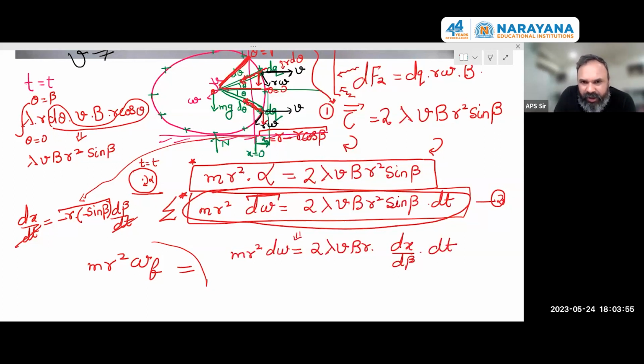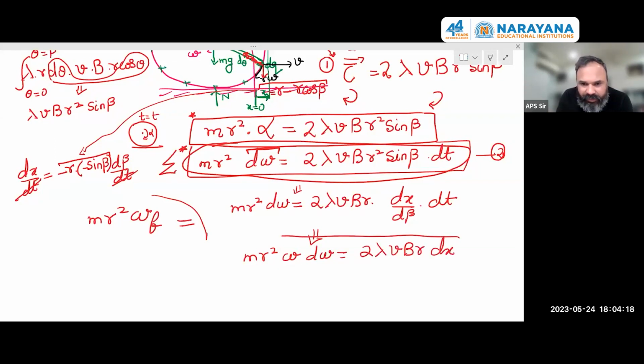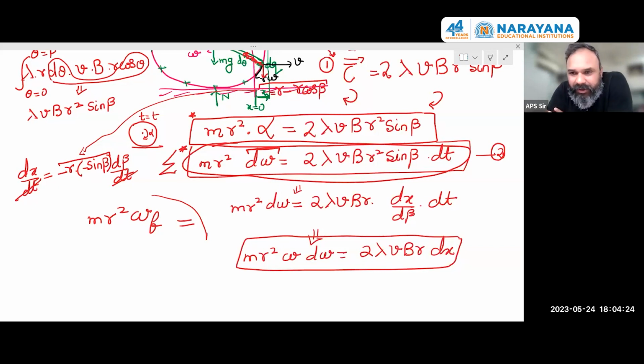Are we looking into t of x coordinate while it is moving across? This d omega by dt will be taken care of. This we can write in terms of omega d beta by dt. I'll take it separately. I'll say this is m r square omega d omega, and I've got 2 lambda v b r dx. The d omega by dt term is separate. And that I've written into omega.